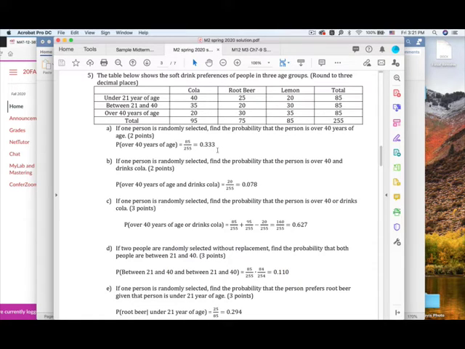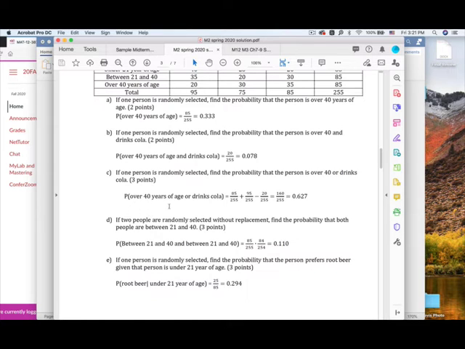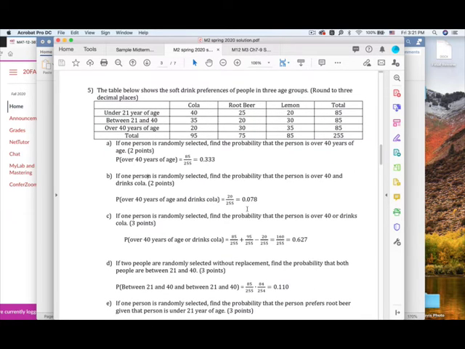Your final answer should be in decimals, not fractions. And pay attention to how many decimal places I'm looking for. Okay, this is for chapter 4 probability. One more time: write down what you are looking for, show me all your work, and also the final answer. Review the sample midterm and also the midterm 2.